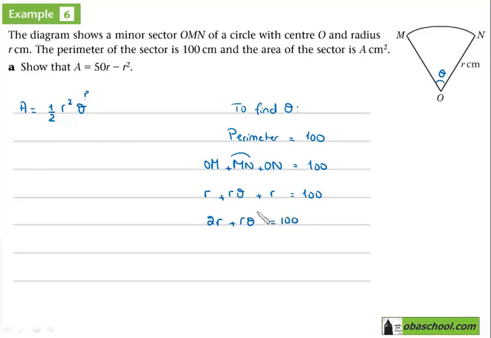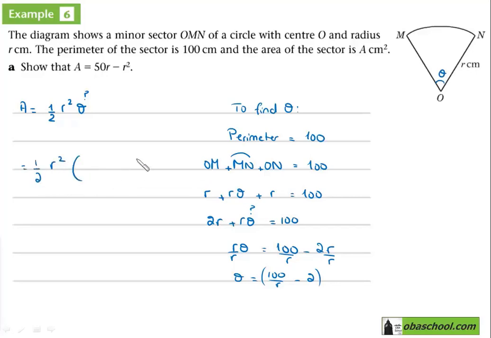We need to find theta. R theta equals 100 minus 2r. We divide both sides by r, so theta is 100 over r minus 2. This is angle theta. Now we need to substitute it here.